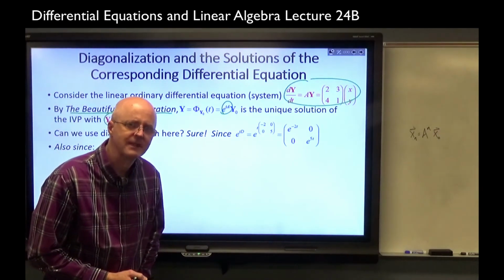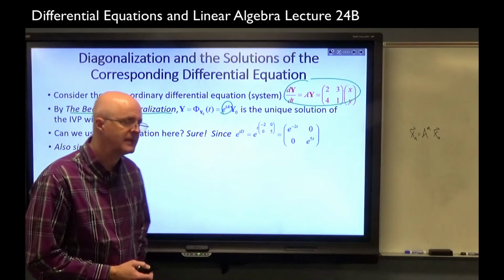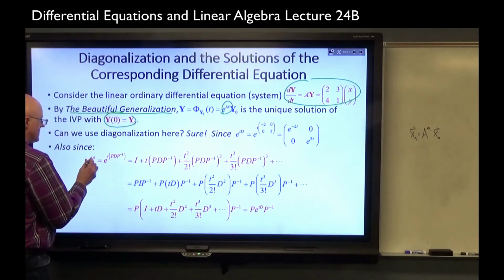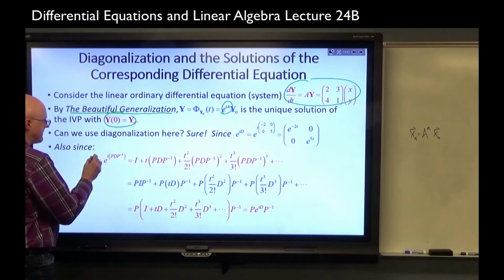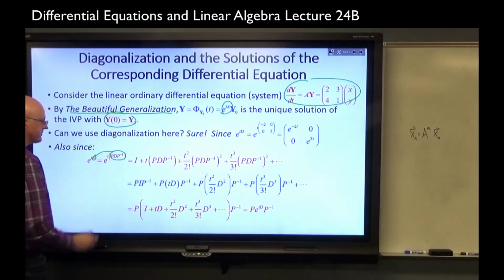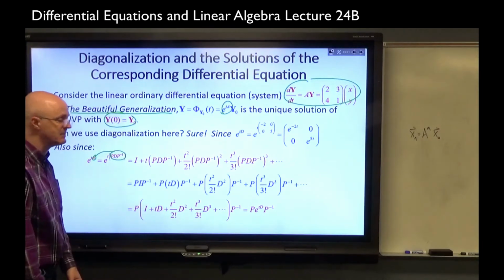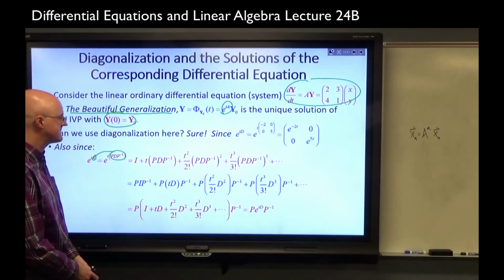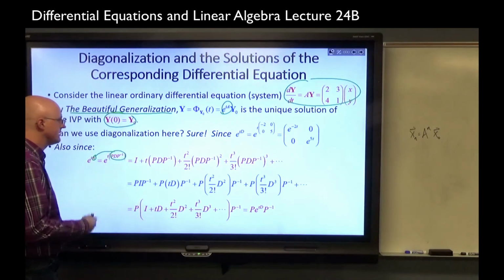the Taylor series definition of the matrix exponential. Here are the details. Step by step, A is the same as this, where D is diagonal and P is invertible. Use the Taylor series expansion for the matrix exponential.